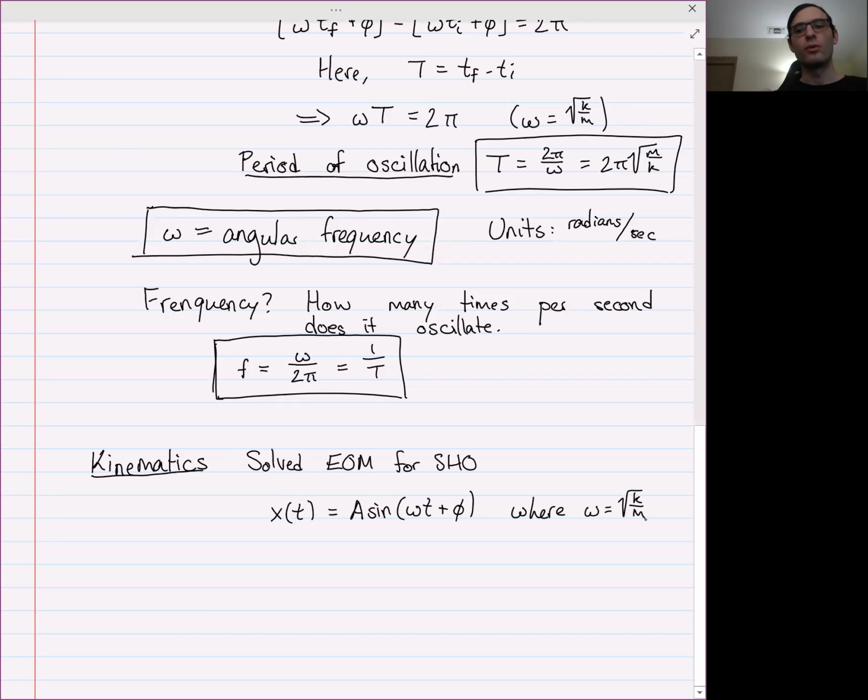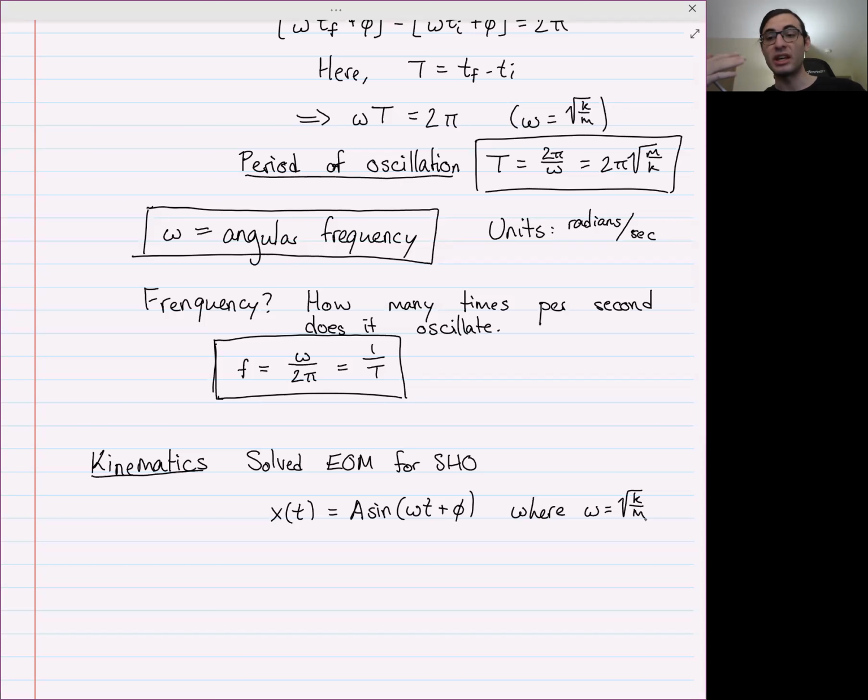So just like in the past, the way that we found this equation of motion was by, actually, let me back up. When we were first talking about kinematics, we started with a constant acceleration, and then we integrated twice to find x of t. And we got something like x naught plus v naught x times t plus 1/2 a t squared, right? This is the standard projectile motion kinematics.